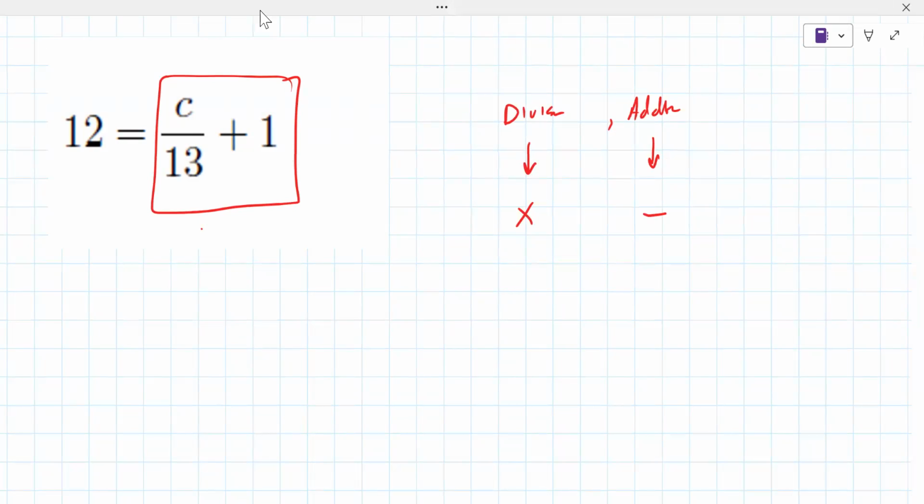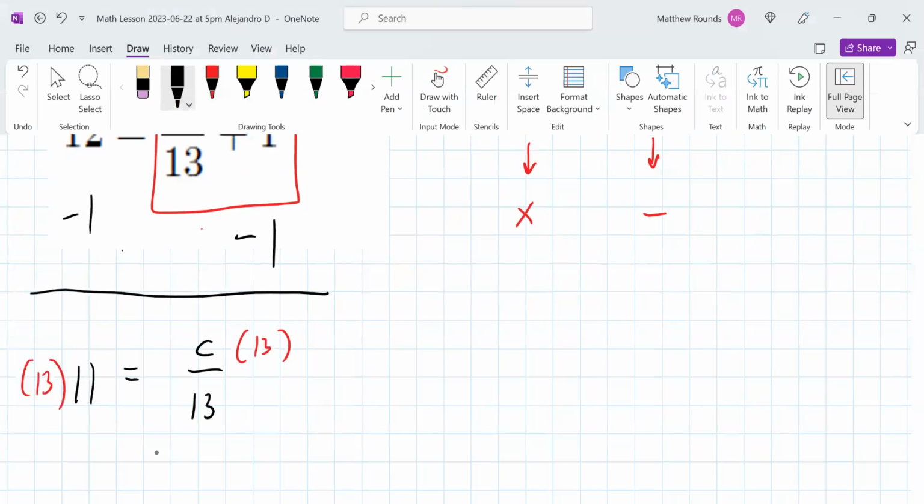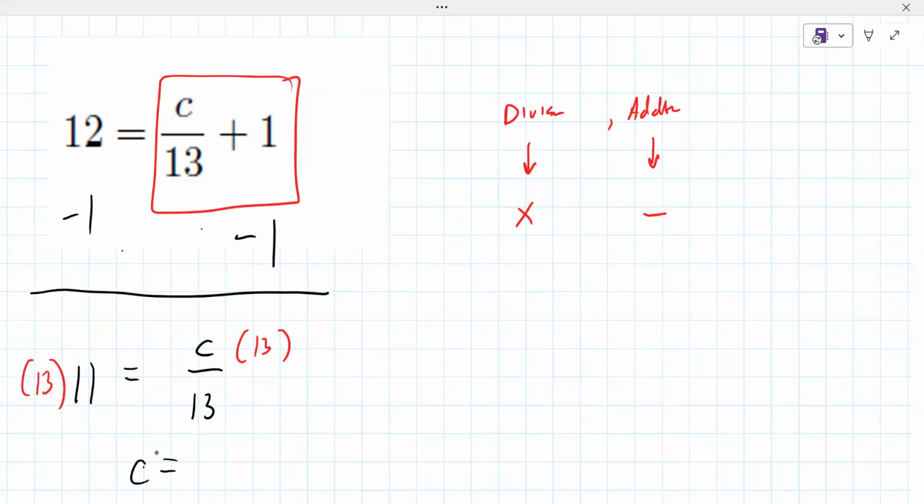So you first undo addition and subtraction, which means you're going to undo +1 by subtracting 1 from both sides of the equation. So your 11 equals C over 13, and then you multiply both sides by 13. So C equals 13 times 11. And if you're tired like me, you may need to go to a calculator, but you may also just know the answer. Okay.